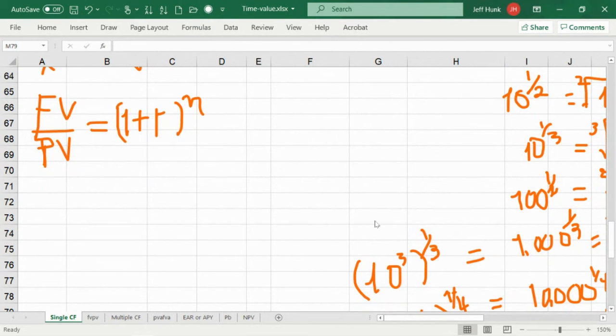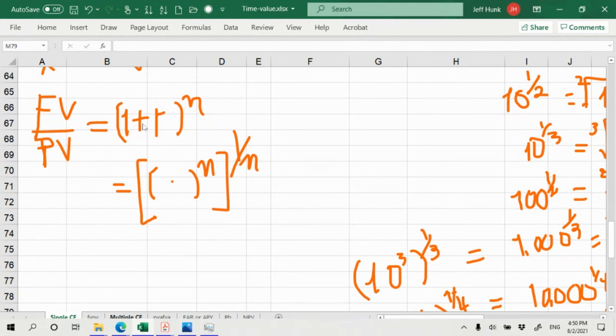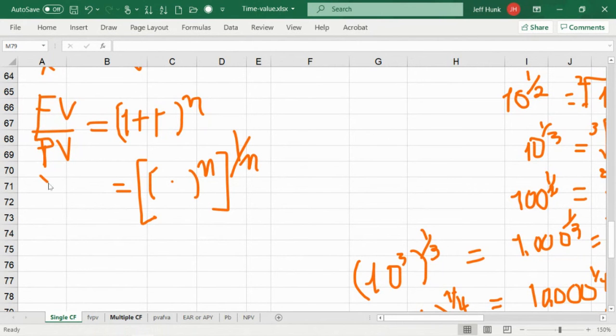So then we know what to do, because if we take the nth radical of this, the right-hand side, I will just use the dot in the bracket. The dot in the bracket is basically the thing in the bracket, right?